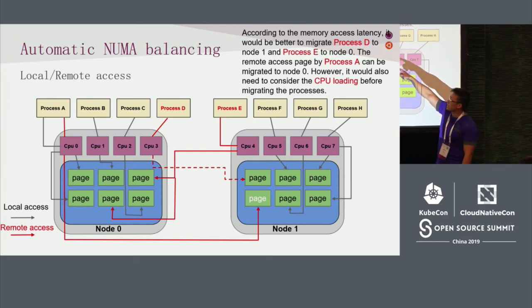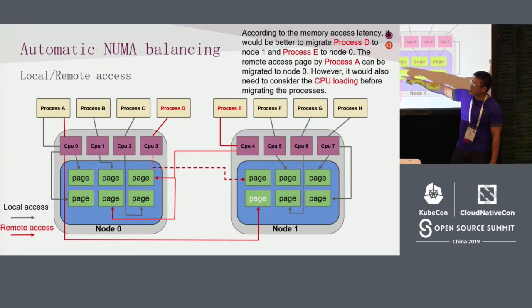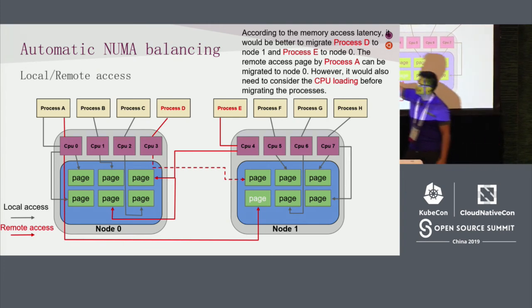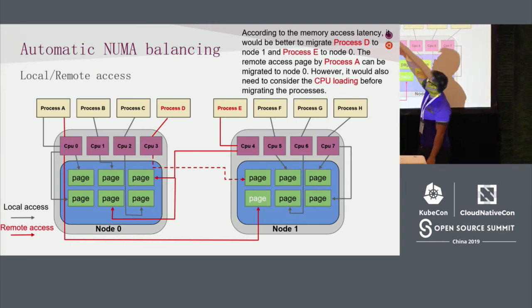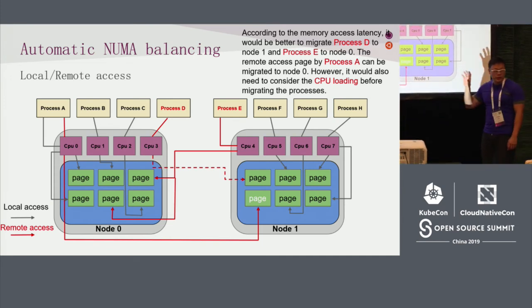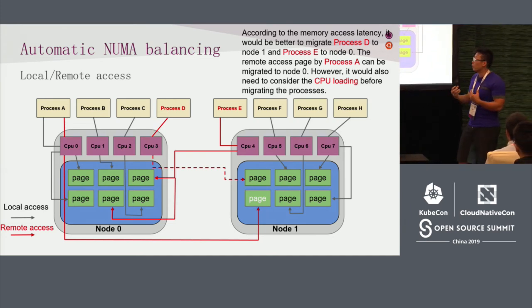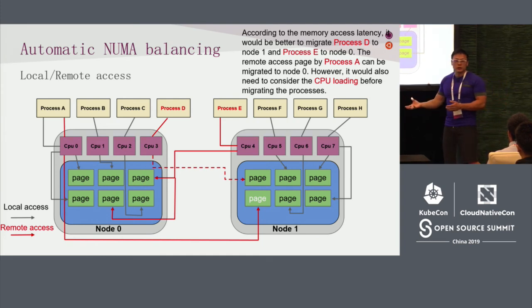If process E is on CPU 4, but its pages, you can see these 2 pages, are on another node, and there are too many pages on one node, I'm not just migrating pages to this node 1. I think we can schedule it to another CPU in node 0.